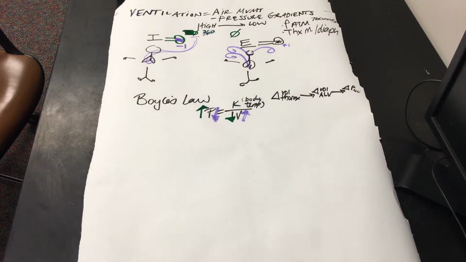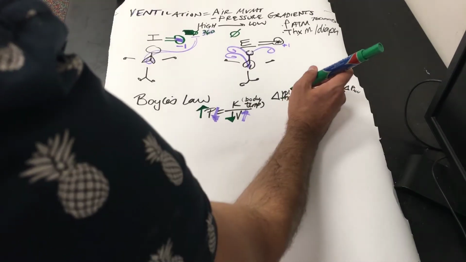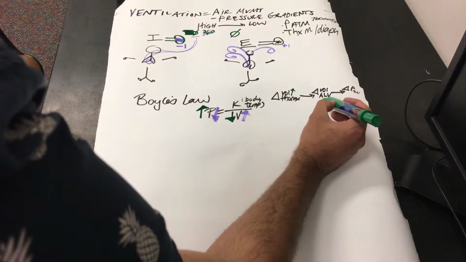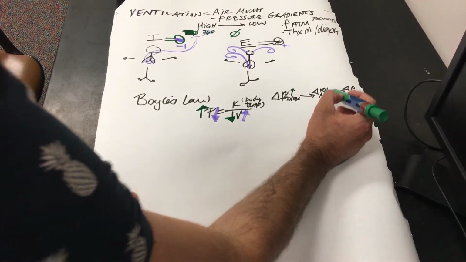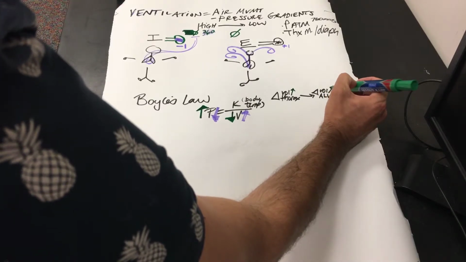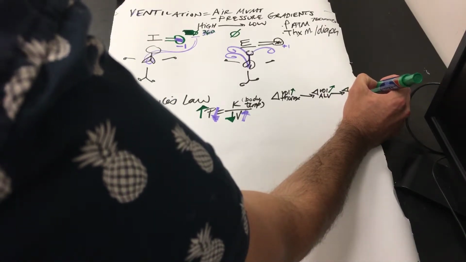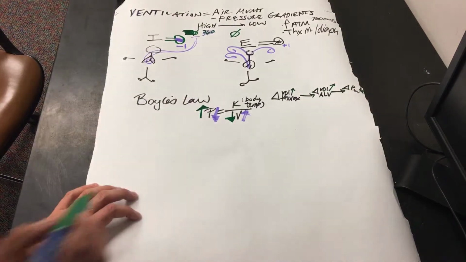And if we apply Boyle's law to what I just wrote, if the volume of the thorax is increased, the volume of the alveoli increases, and the pressure in the alveoli decreases.